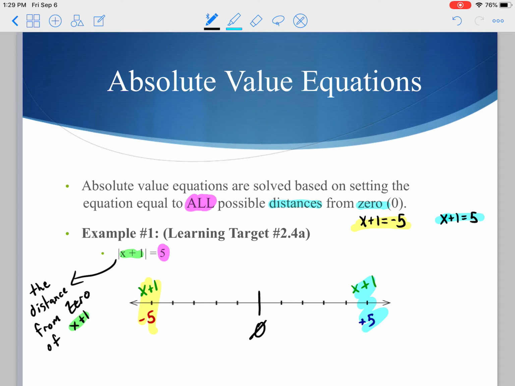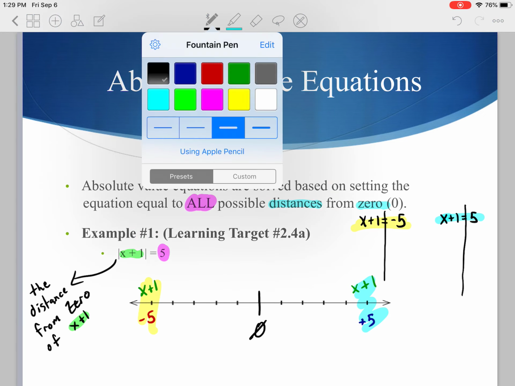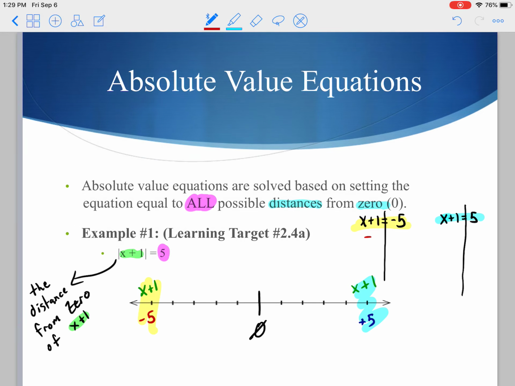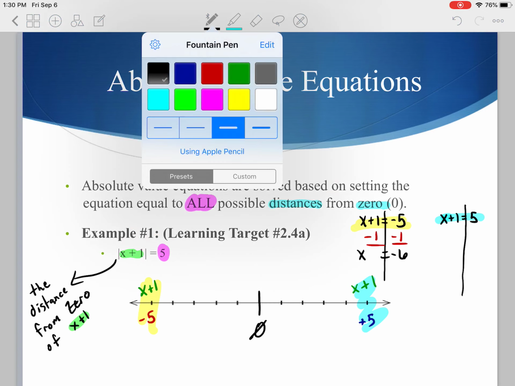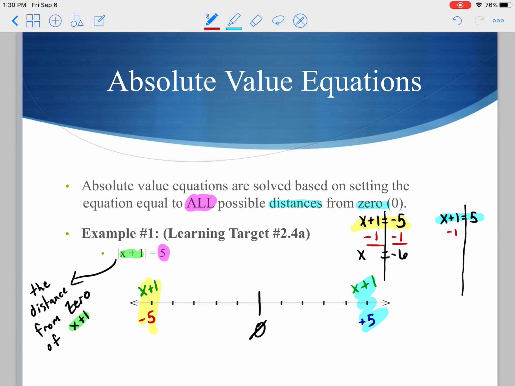At this point, we use our algebraic properties to solve for x. And so I'm going to use the subtraction property of equality to subtract 1 from both sides, and I have a solution of x equals -6. In the second instance, I'm going to use the same subtraction property of equality to subtract 1 from both sides and receive a value of x equals 4.